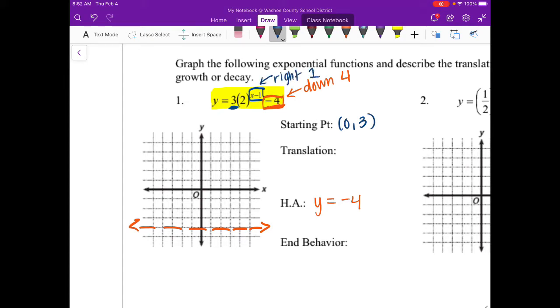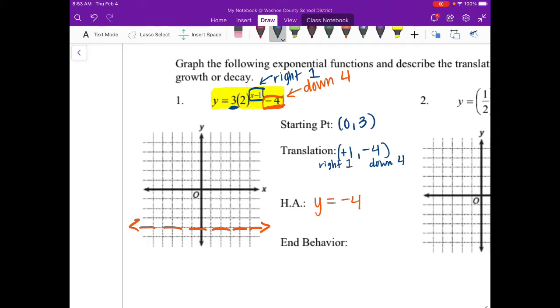Remember your h and k values. H is always the opposite of what you think. So because it's a -1, that actually means I'm going to move right 1. So my translation, I'm actually going to go +1 and then -4. So again, this means right 1, down 4.